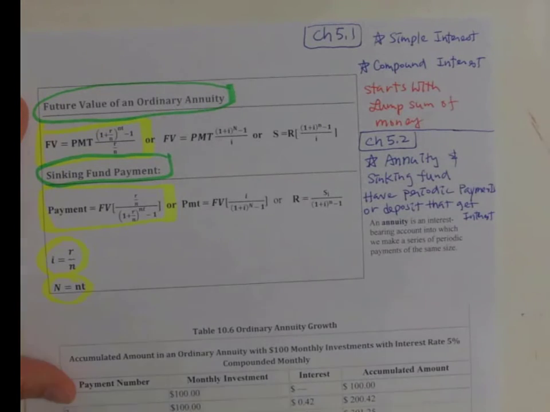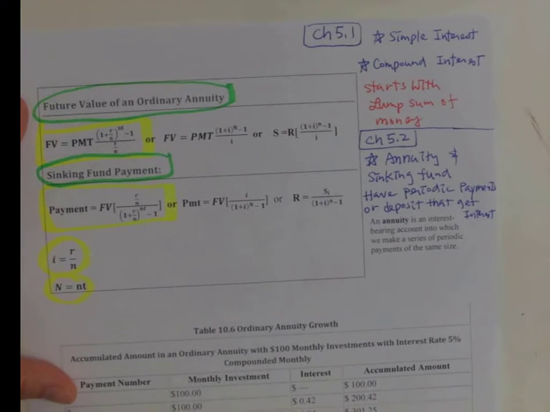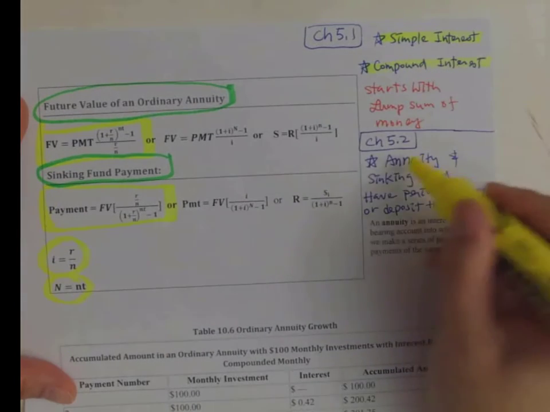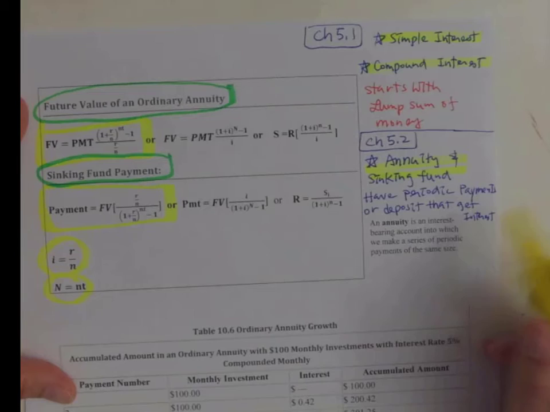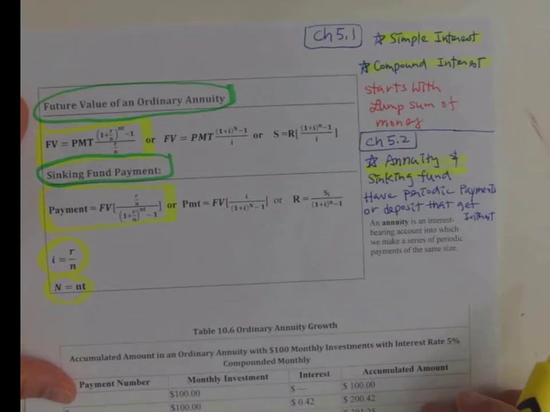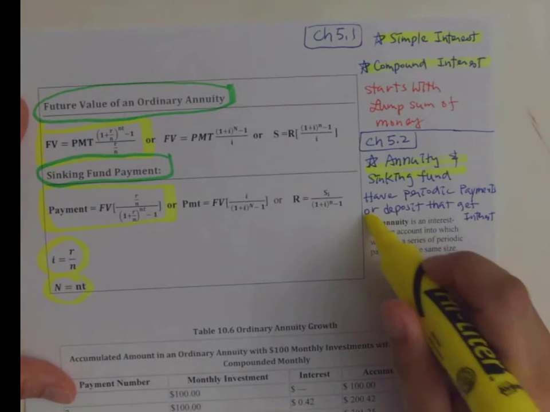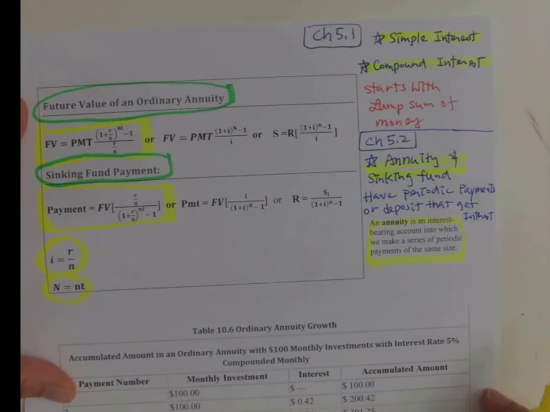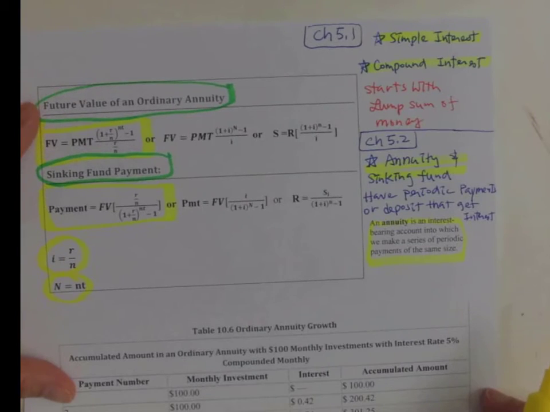So that's kind of the different part: for simple interest and compound interest, lump sums of money; for annuity and sinking funds, you have periodic payments or deposits. So an annuity is an interest-bearing account into which we make a series of periodic payments of the same size.